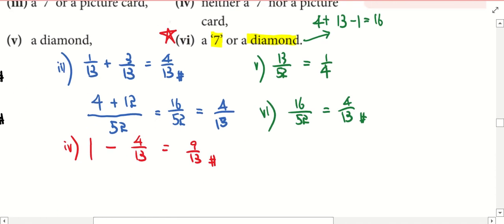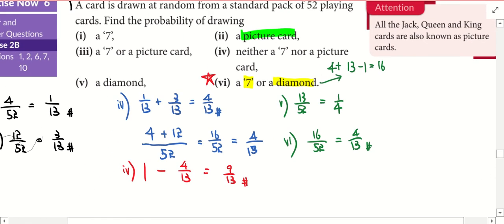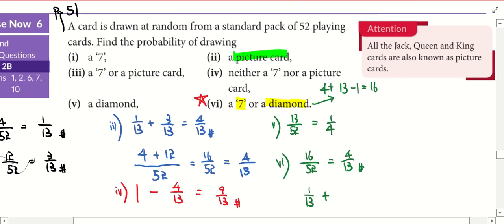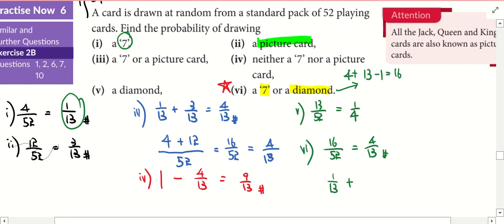Another way is, teacher, I still sum them together. I get the probability of having 7. I get the probability for getting a diamond. So for getting 7, you have this answer. For getting a diamond, in part 5, you get this answer, plus 1/4.